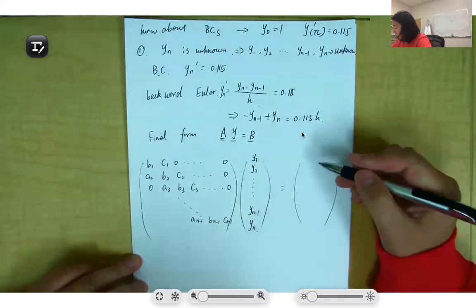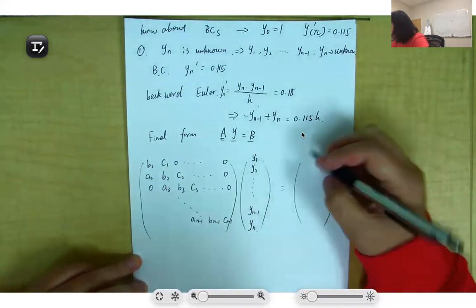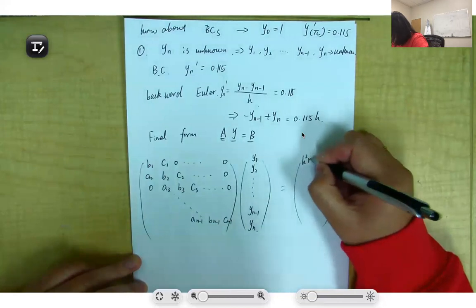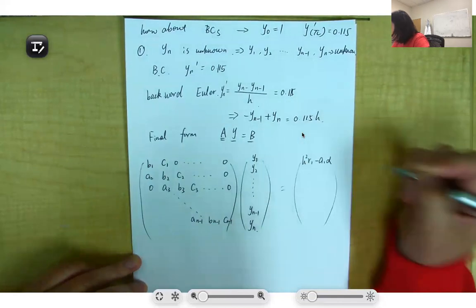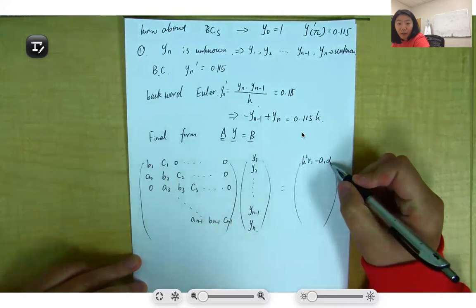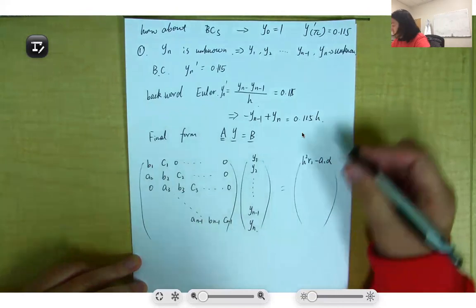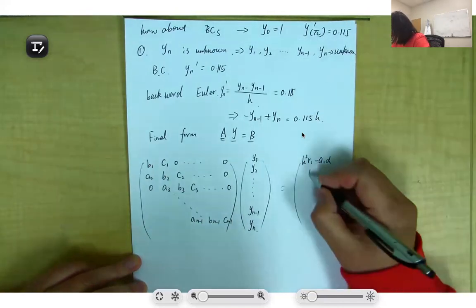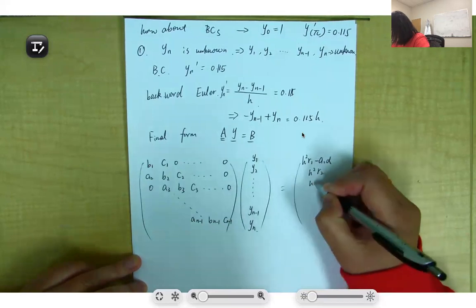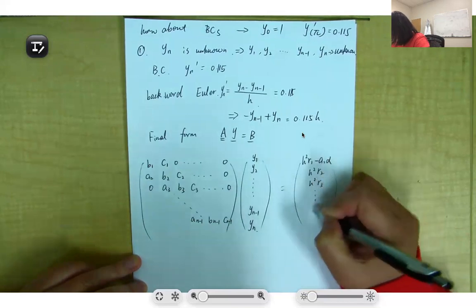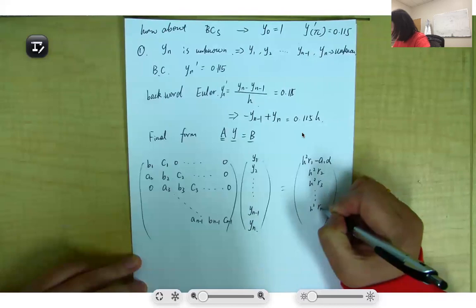The right-hand side will be similar as before: h squared r1 minus a1 alpha. The alpha is represented by y0, which is 1 here. You have h squared r2, h squared r3 until h squared r n minus 1.